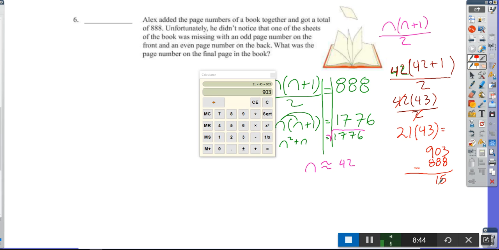Are there two numbers that are sequential that added together make 15? 7 and 8. And remember, the odd number has to be smaller, the even number has to be larger. So I ripped out 7 and 8, which means that my largest number on my page numbers is 42.